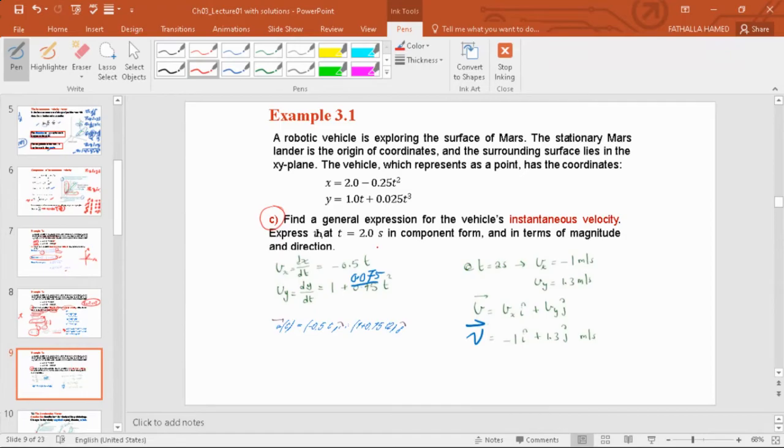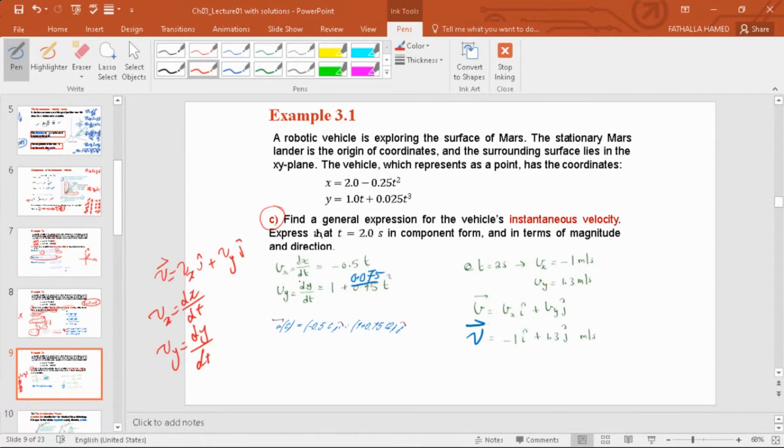So now you know that your velocity should have an x component plus a y component, and the x component should equal dx by dt, and the y component should equal dy by dt.